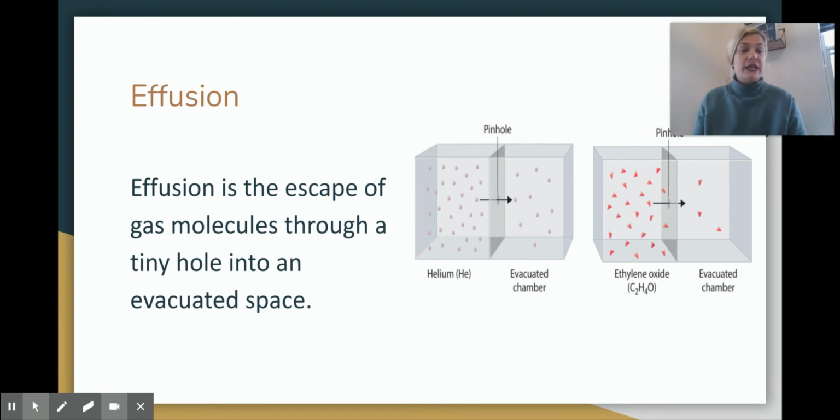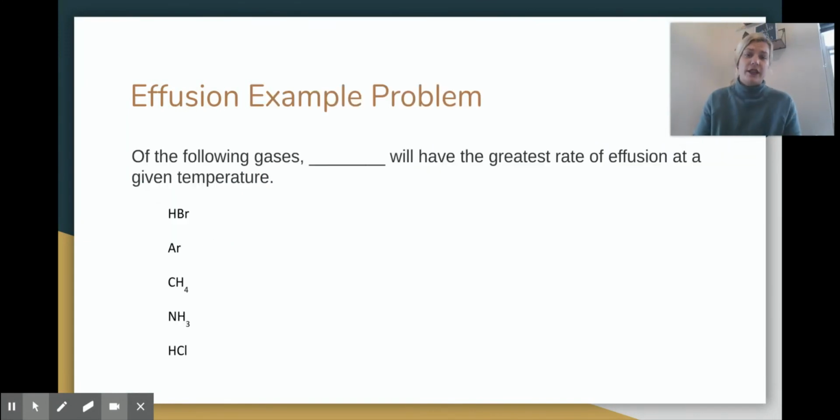The helium effuses quicker, while the ethylene oxide effuses slower. That's because of their molar mass. Substances with smaller molar masses will effuse through a pinhole much faster than ones with a heavier molar mass.